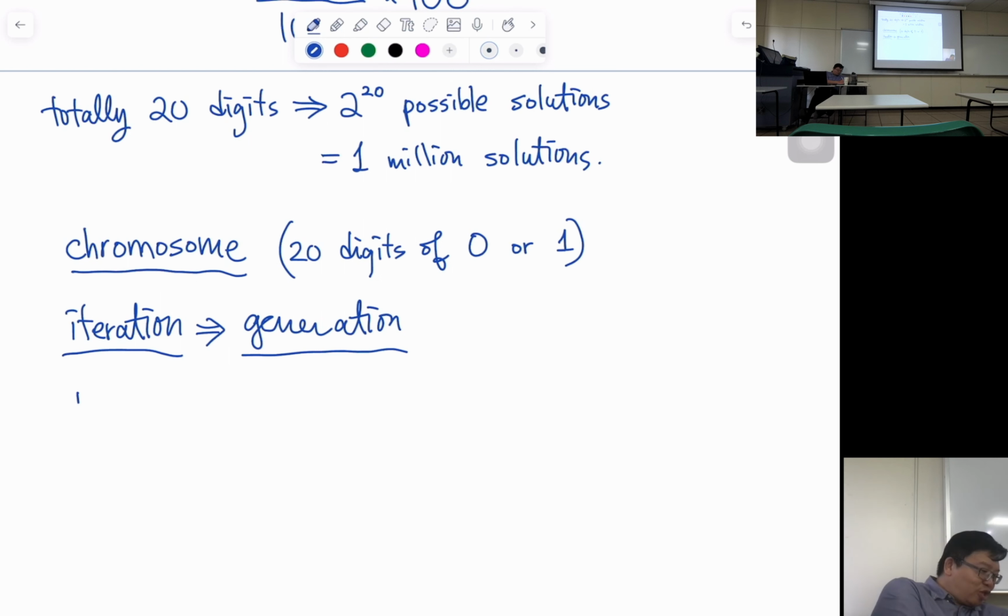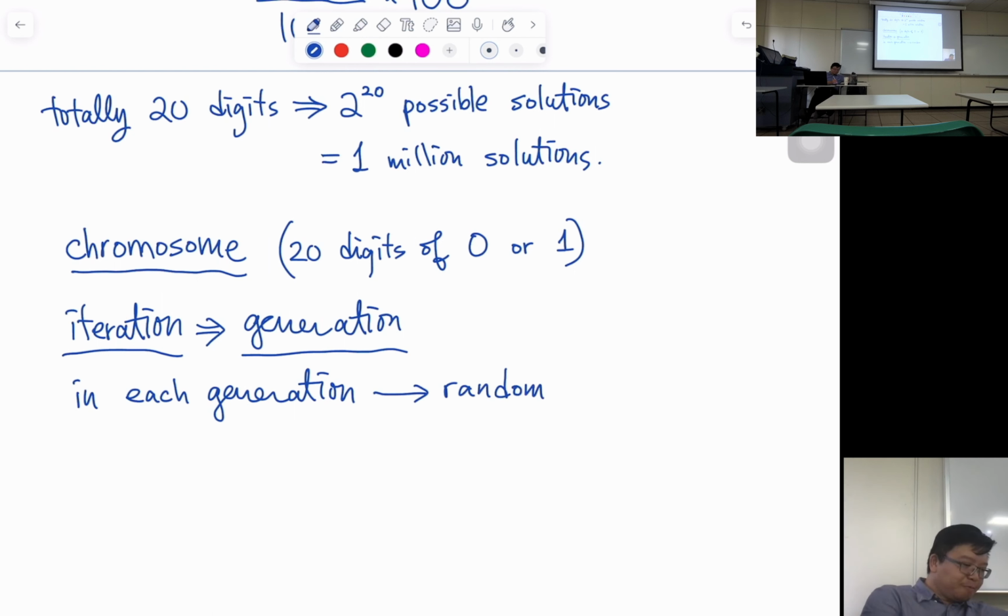So in each generation, basically each iteration, you need a certain amount of randomly generated chromosomes.